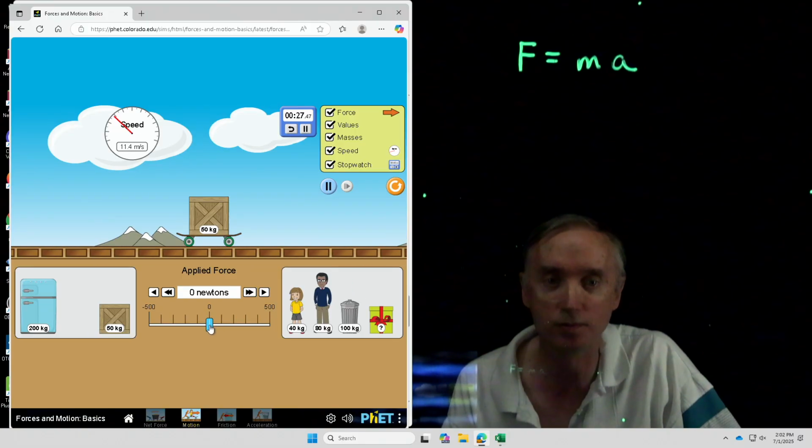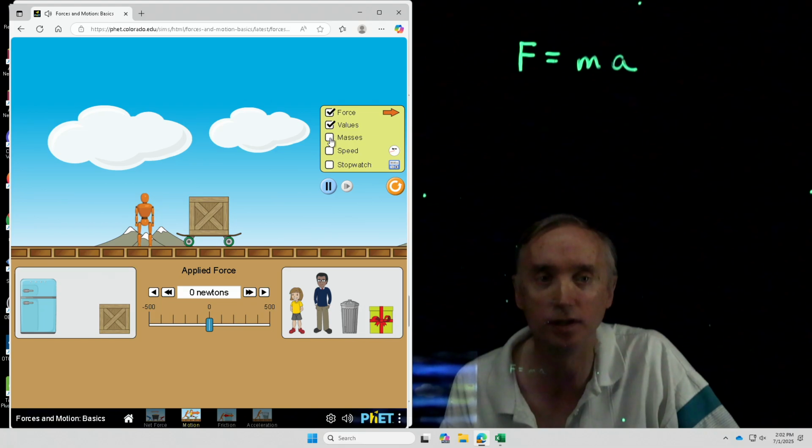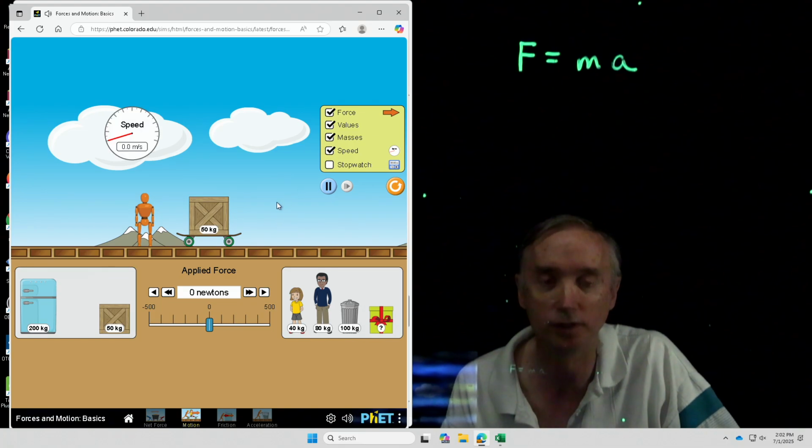And then once it's moved 5 increments, let me reset it here. Actually, what you can do is you can do the stopwatch part by itself, and then you can do the speed part by itself. So don't even look at the speedometer, but you do need to have your stopwatch.